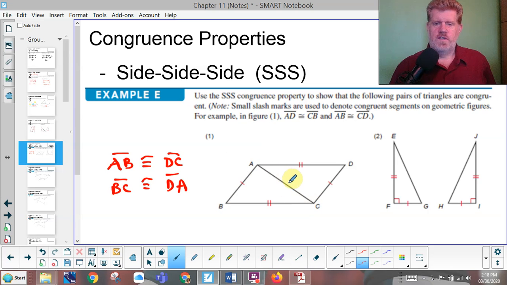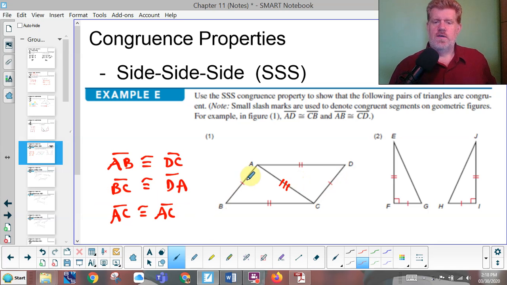Now, AC, both triangles share it. So AC has got to be congruent to itself. That's called an identity property. So if I want you to show, then you showed side, side, side. You showed all 3 of these sides are equal to all 3 of these sides. That's how you use side, side, side.